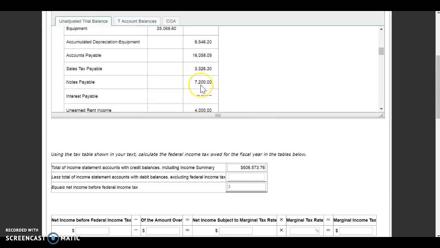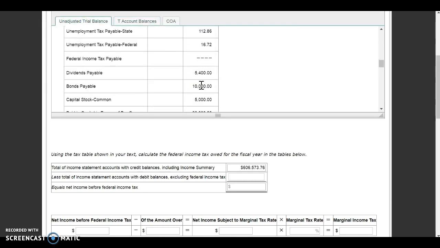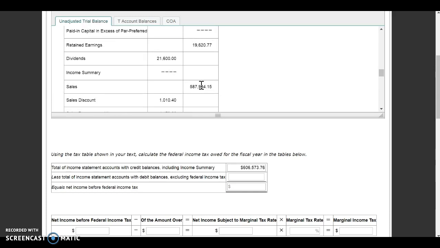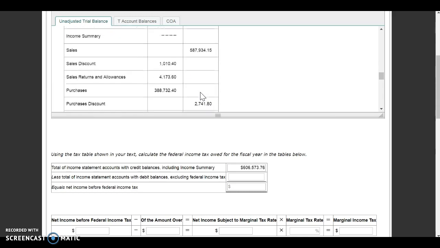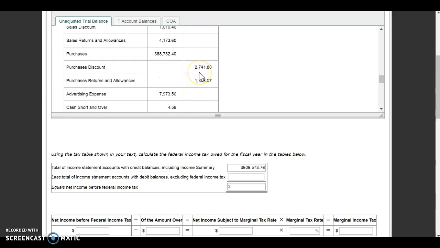So instead of using, and I hate how it goes back to the beginning, instead of using nothing, here I'm going to put in 12,900. Okay, I have a sale, so I'm going to add in that sales. That number was not updated. Same thing with purchase discount and purchases, returns, and allowances. Those numbers were not updated, so I'm just going to add those.